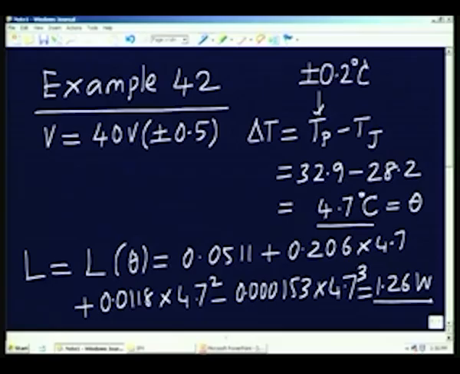The heat loss because of the temperature difference equal to 4.7 degrees between the plug and the jacket is 1.26 watts.